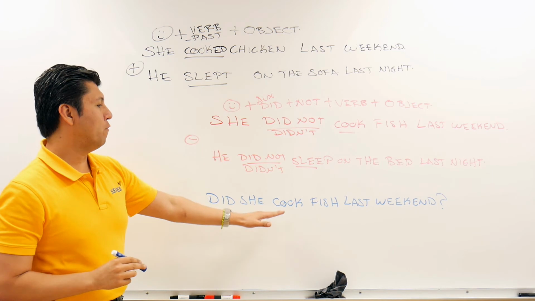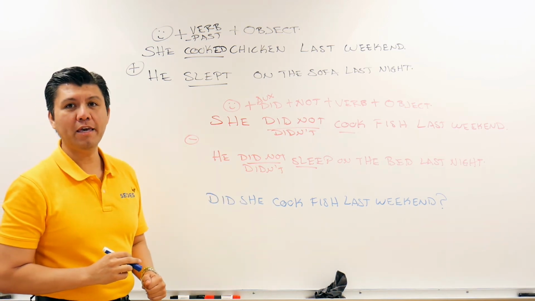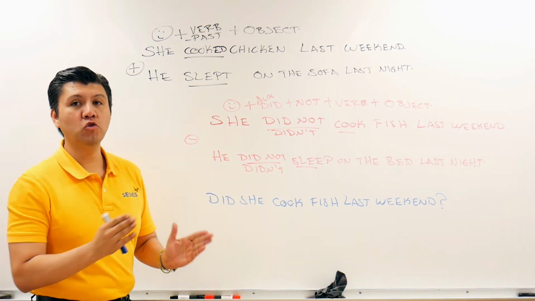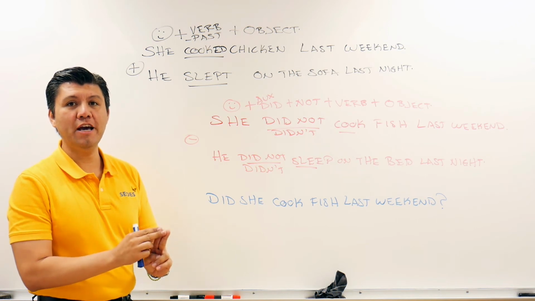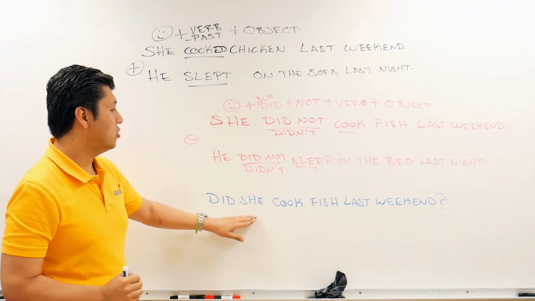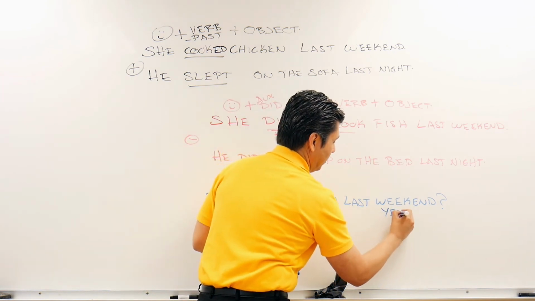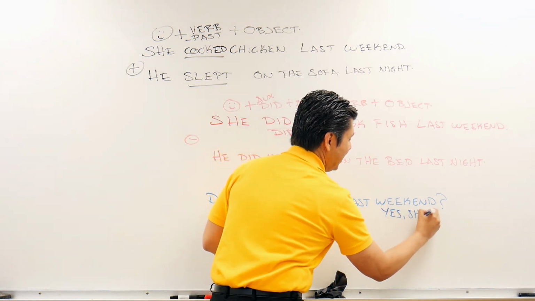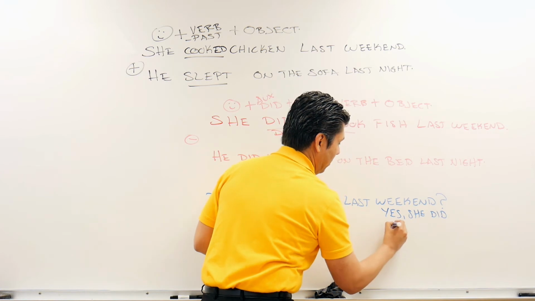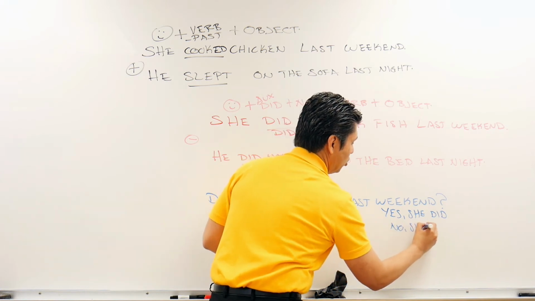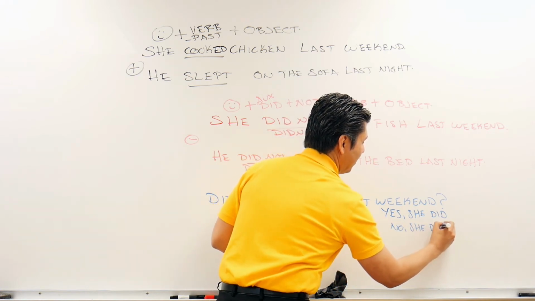Did she cook fish last weekend? I only have two ways to answer this. Yes or no. Did she cook fish last weekend? Yes, she did. Or, no, she did not.